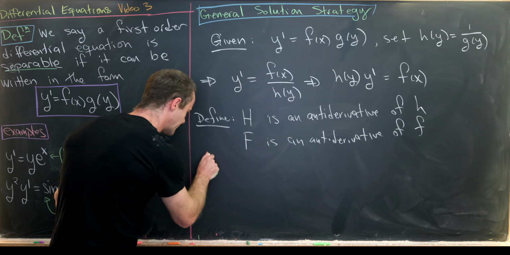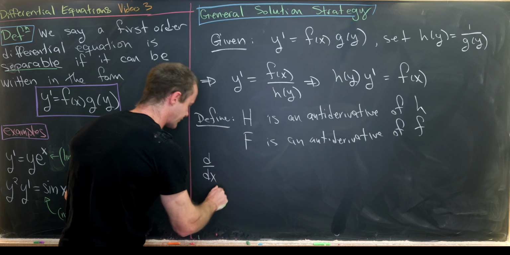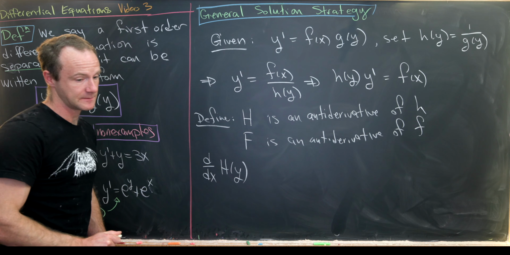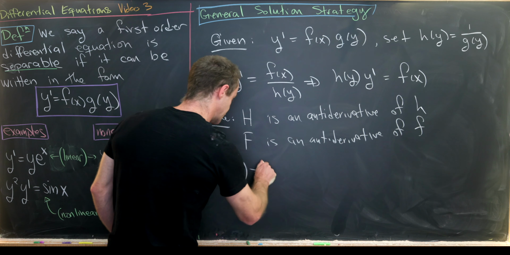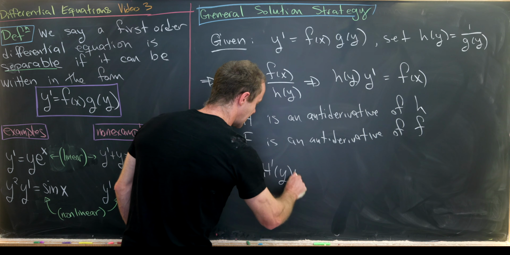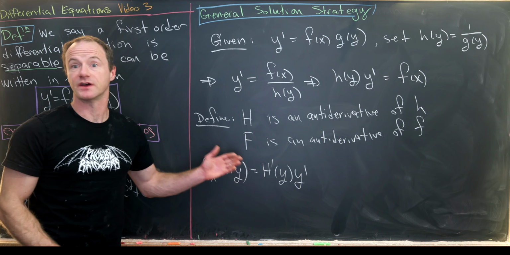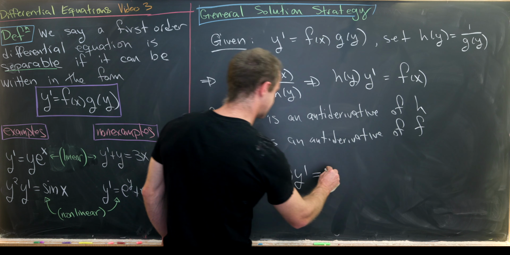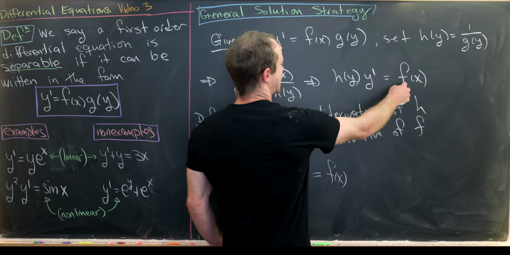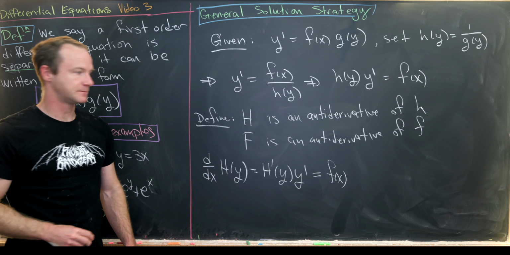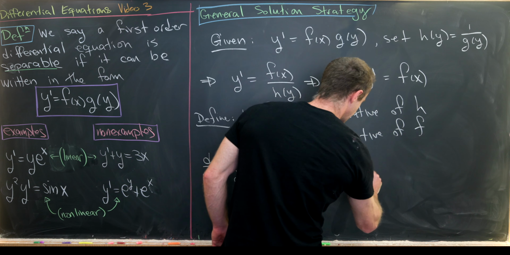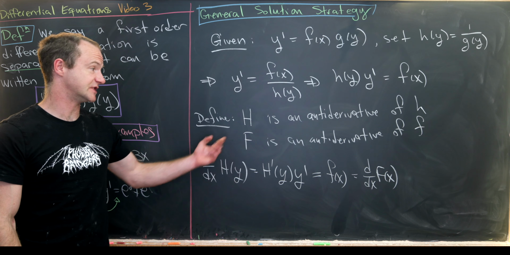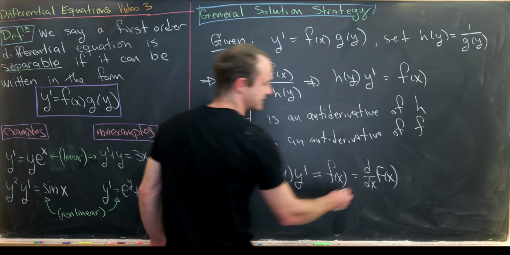And now let's notice if we take the derivative with respect to x of H evaluated at y, then that's in fact equal to h of y times y prime by the chain rule. But then that's going to be equal to f of x, and that's by our differential equation here. But then that's going to be equal to the derivative with respect to x of capital F of x by the definition of capital F as an antiderivative.